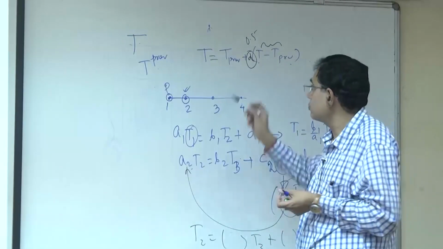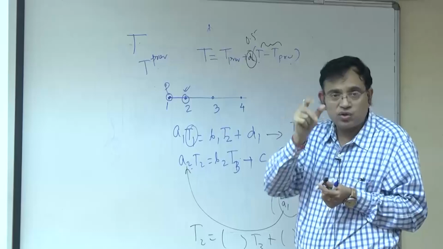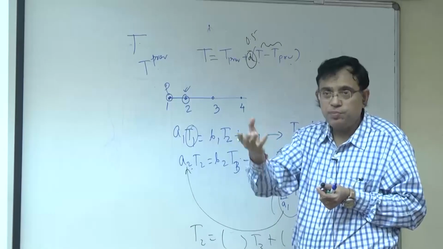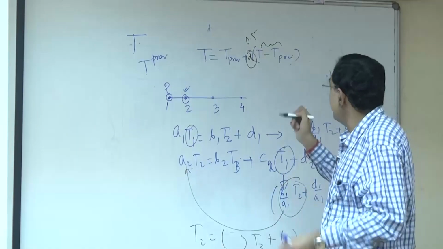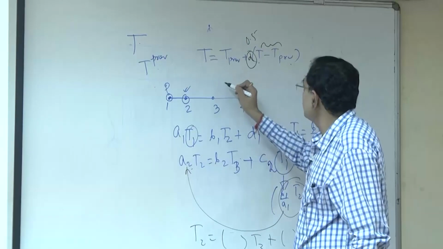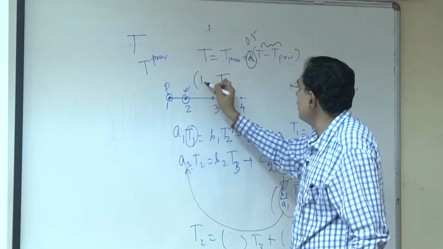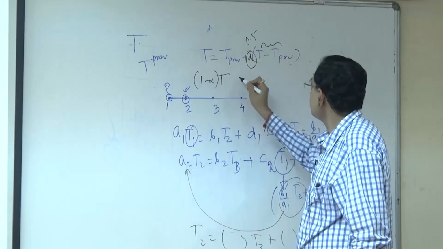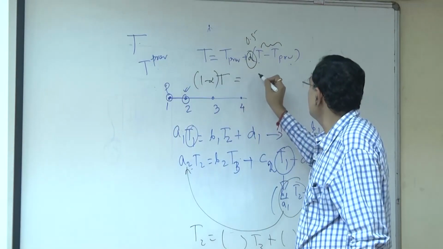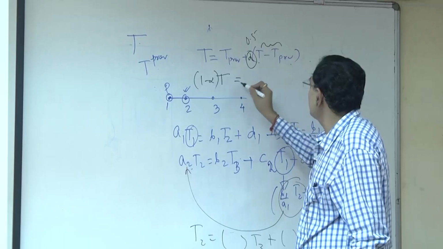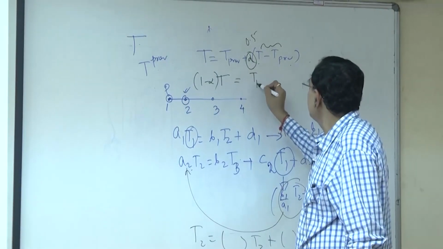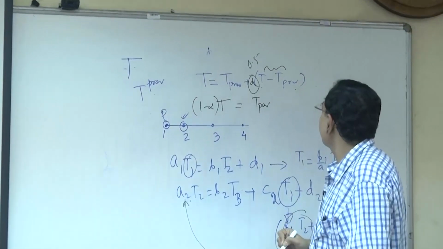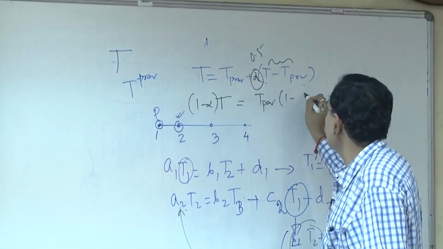Sometimes you can also use it greater than 1, when it is slow and you want to accelerate it. So, depending on that you call it under relaxation or over relaxation. So, then what you can write is 1 minus alpha into t is equal to t previous into 1 minus alpha, right.